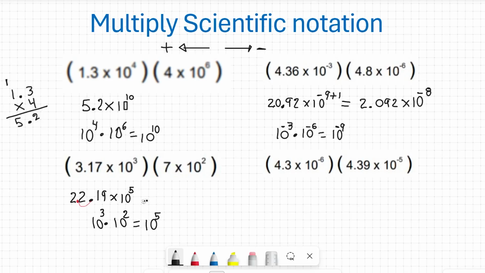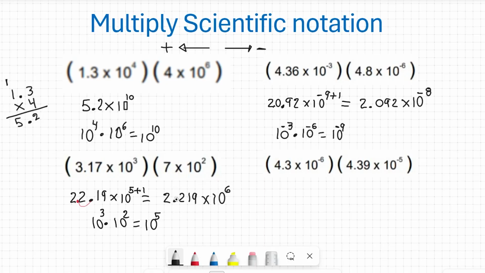So the answer that we should have should be 2.219 times 10, and now we're adding 1 because we moved the decimal point only 1 unit to the right. So it's going to be 5 plus 1, then it's going to be 6. And that is going to be the answer.